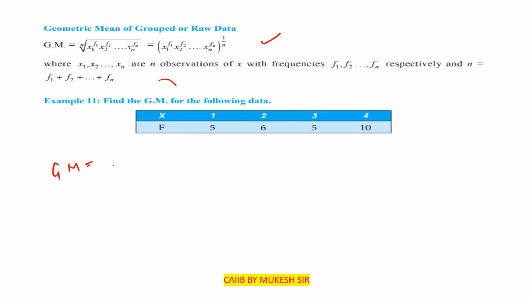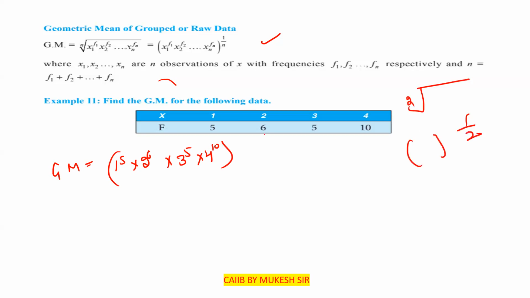The geometric mean here is 1 power 5 into 2 power 6 into 3 power 5 into 4 power 10, all to the power 1 upon 5 plus 6 plus 5 plus 10.